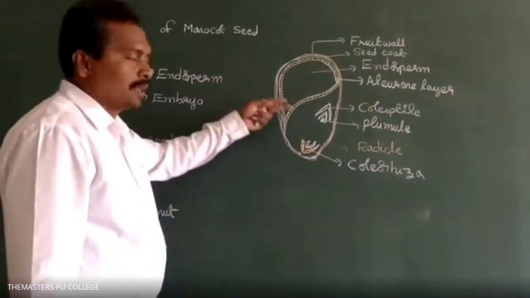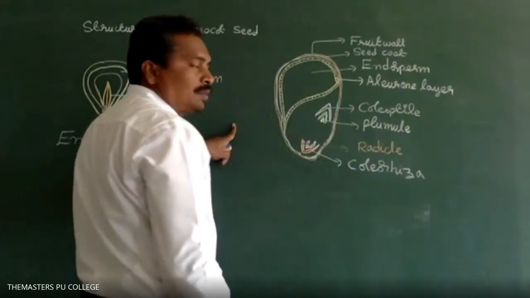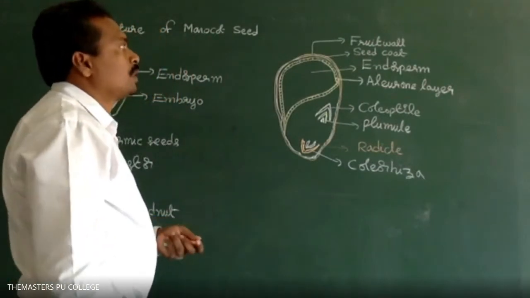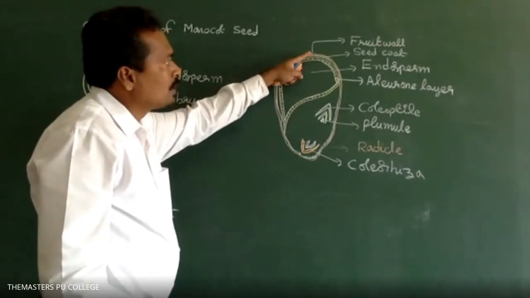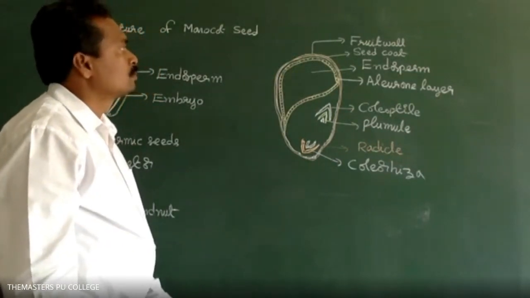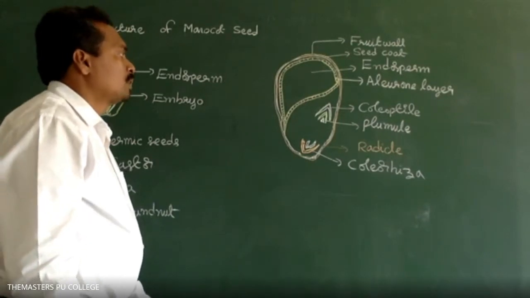Sir, in this right side diagram, this longitudinal section, our outer layer is the fruit wall and the next inner layer is the seed coat, right? Yes, seed coat. The outermost layer is the fruit wall. Just beneath the fruit wall is the seed coat. Both are fused.